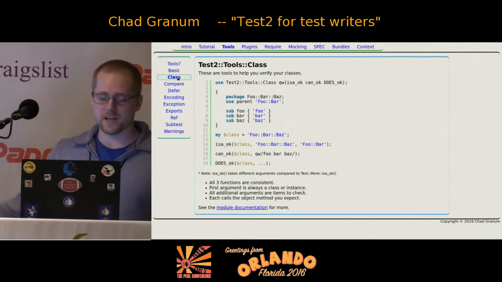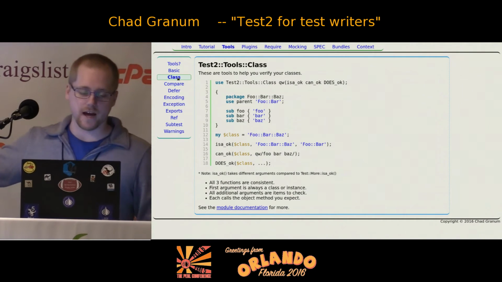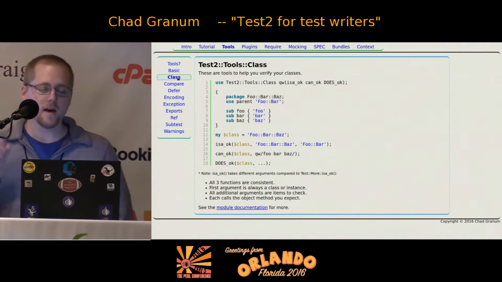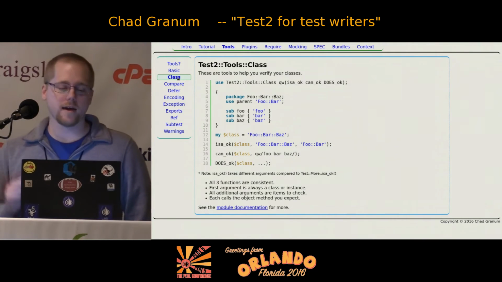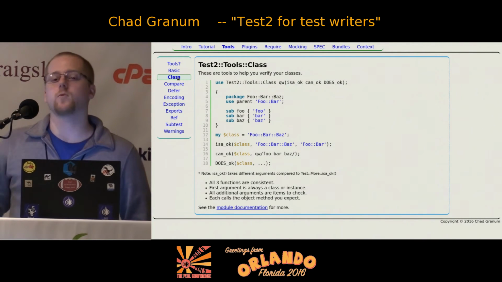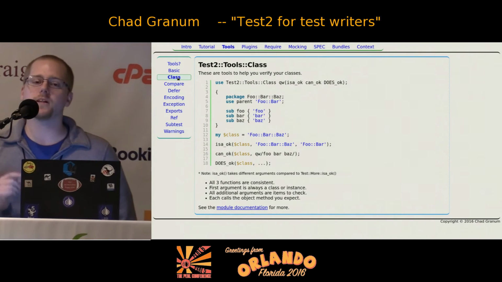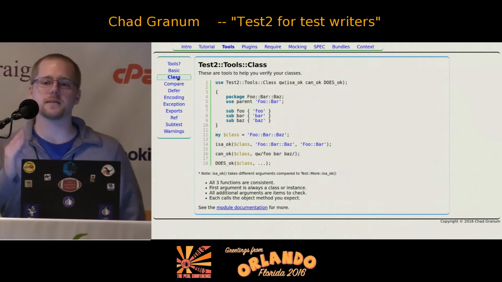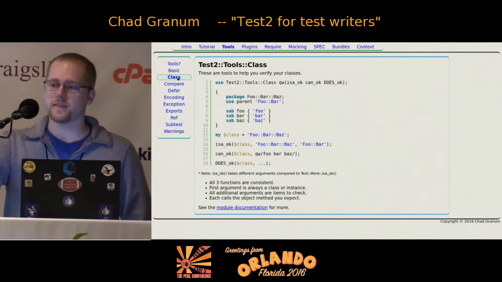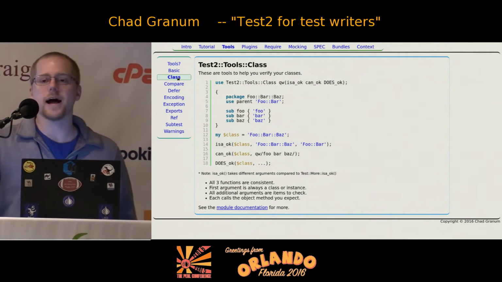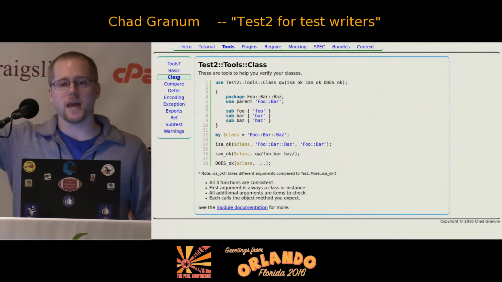So then there's tools for testing your classes. These look familiar too. You've got isa_ok, can_ok, and does_ok. A note, isa_ok in Test2 is different from the one in Test More. What a lot of people don't realize is isa_ok in Test More takes a thing, a single class for it to be, and then an alternative name for the thing.